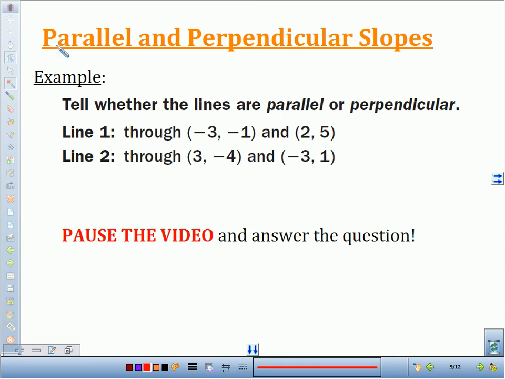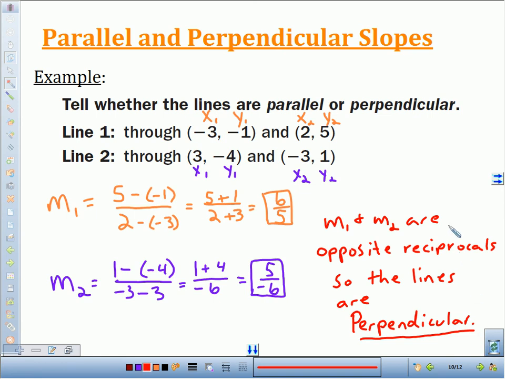Now, I want you to find the slopes of both of these lines and then decide whether they're parallel or perpendicular. Pause the video, get an answer, and then unpause it, and you can see how you do. Alright, so if we want to figure out if these are parallel or perpendicular, I've done the work here. As you can see, I defined x1 and y1 and x2 and y2 for both of my lines.